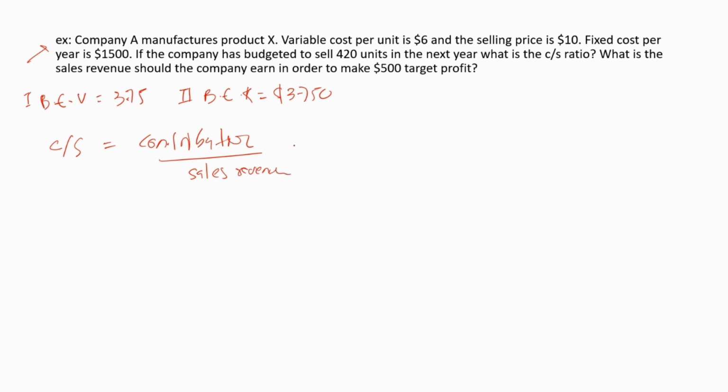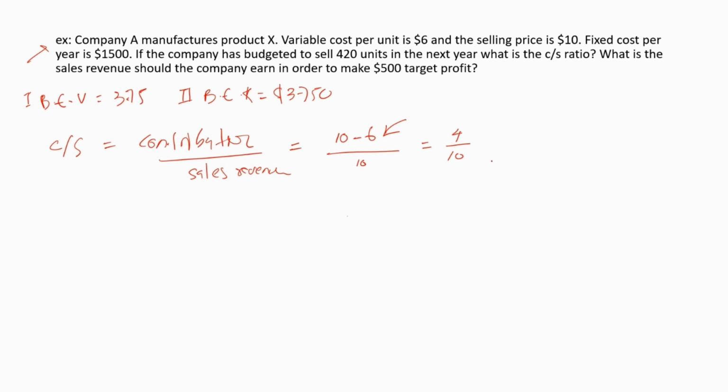So the contribution per unit can be calculated here. Contribution per unit is 10 minus 6, divided by sales revenue. Since we use the contribution per unit value here, we have to use the selling price per unit value for the denominator, which is 10. So this is equal to 4 over 10.